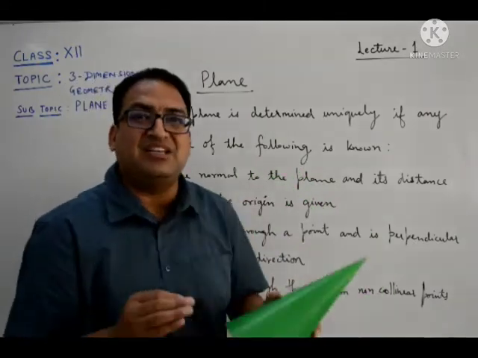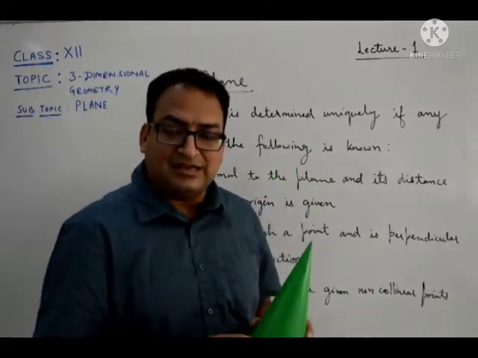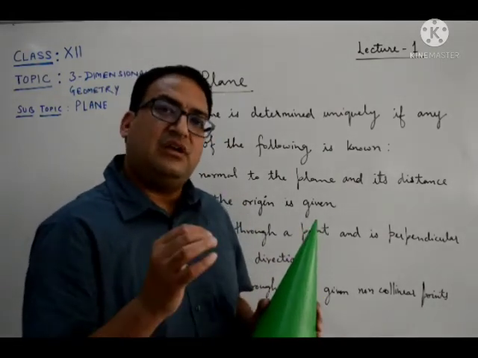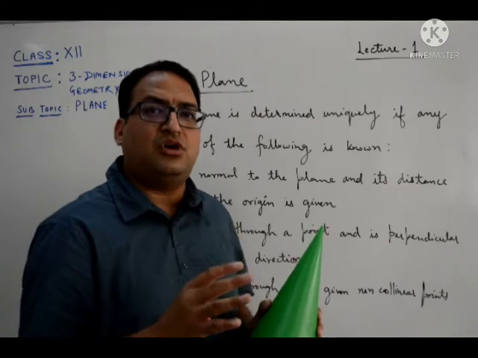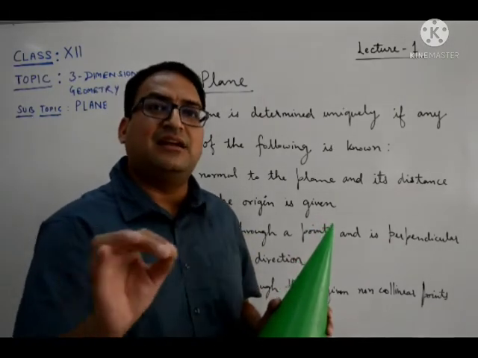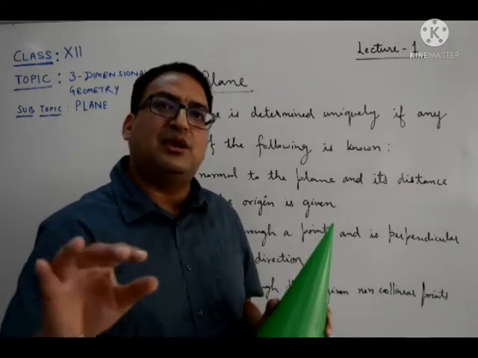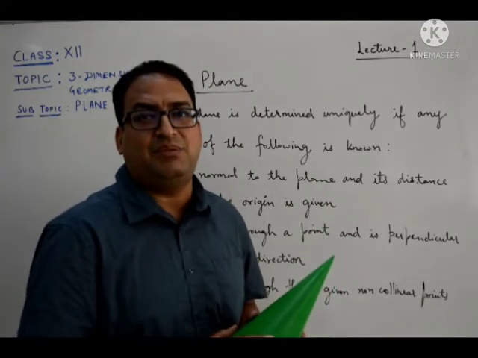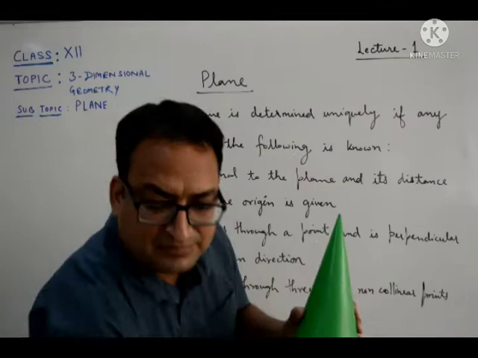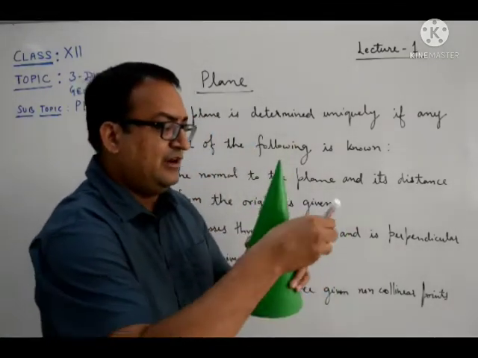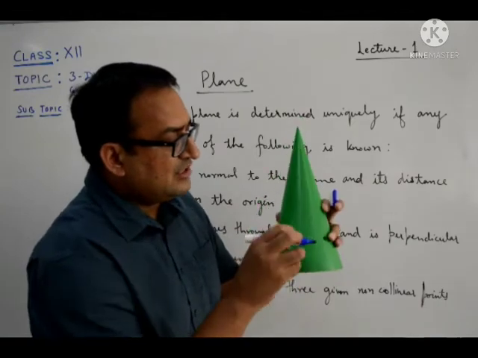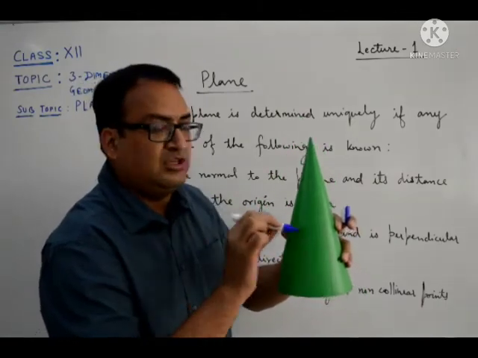So what is the precise definition of a plane? A surface is a plane if I join any 2 points on that surface, and the line joining the 2 points entirely lies on that surface. Just imagine we have a point here and a point here, and a line passing through these 2 points.